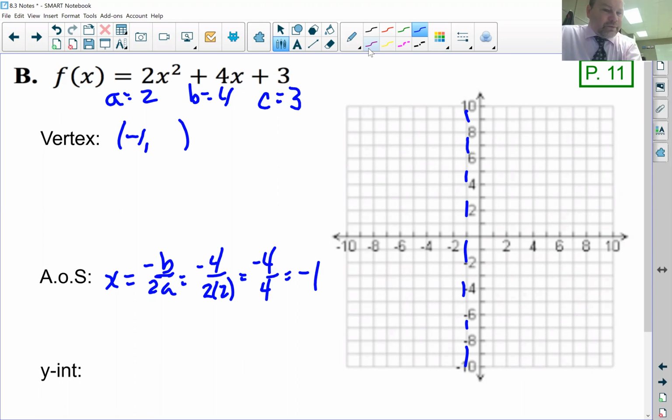Plugging in -1 for my x. Here the x value is negative, so the whole thing goes in the parentheses.